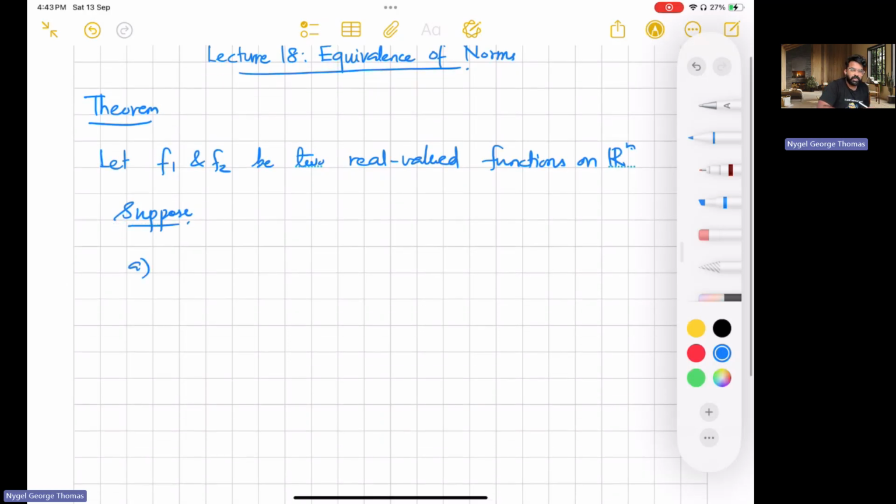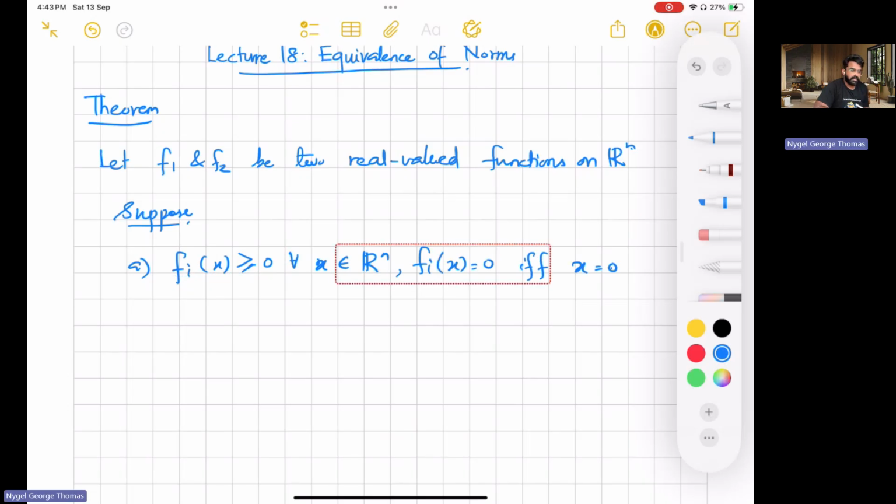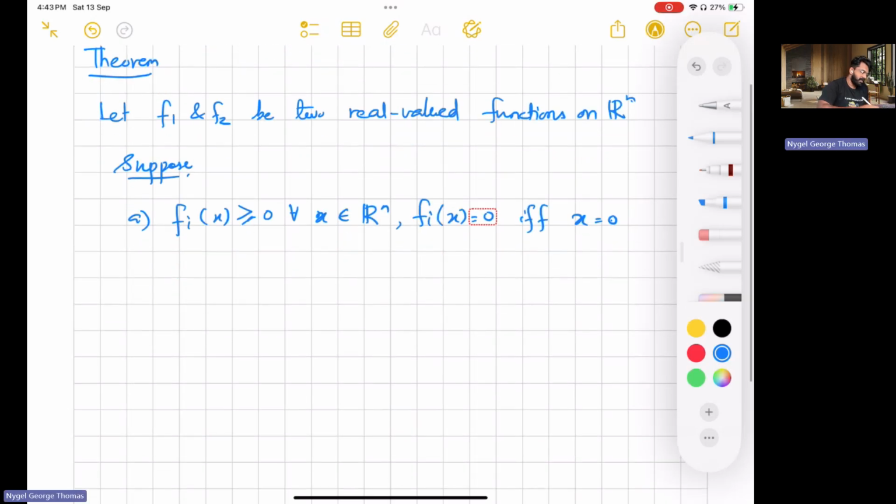The first property is similar to the non-negativity property of norms. So fi of x is greater than or equal to 0 for all x belonging to Rn, and fi of x equal to 0 if and only if x is equal to 0. So this is one property which has to hold.